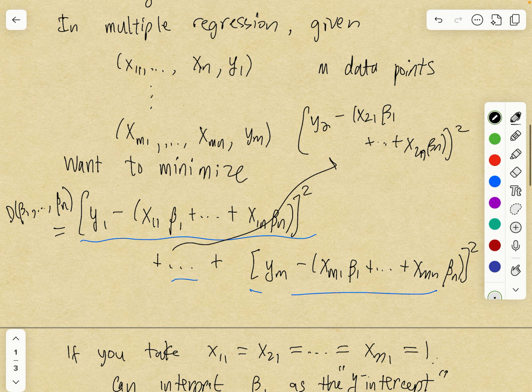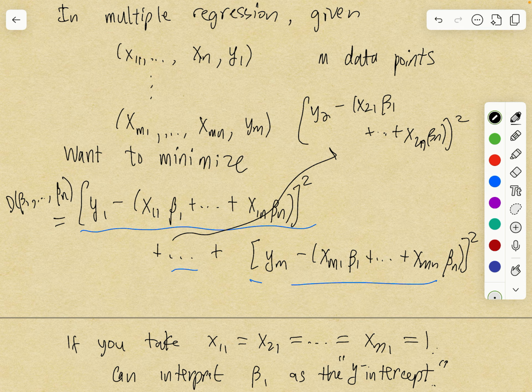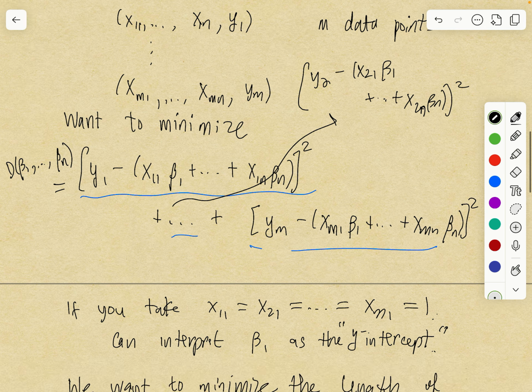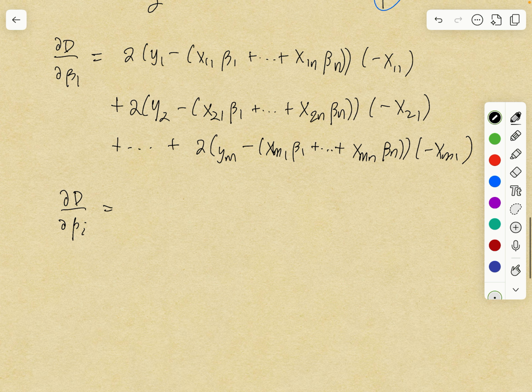let's imagine taking the second partial derivative, with respect to beta 2. You're going to have the 2 come down, and then you're going to have an x12, and then an x22 for the next one.